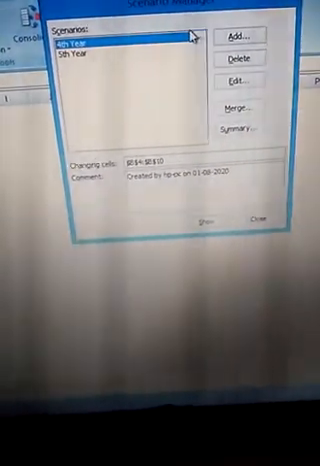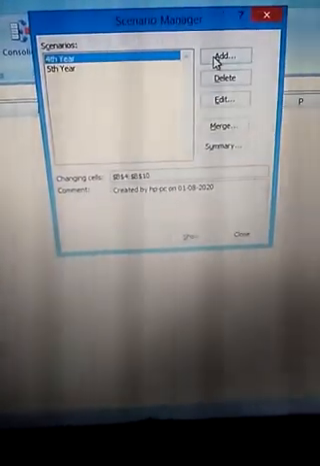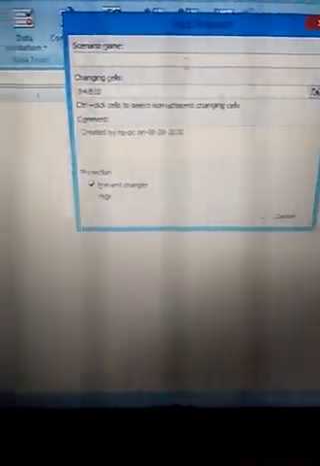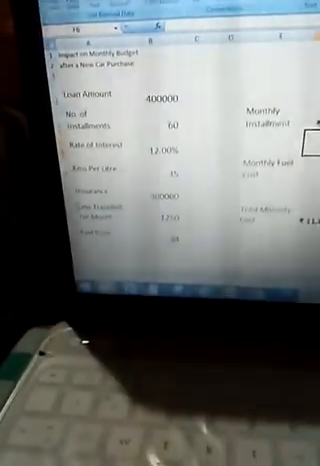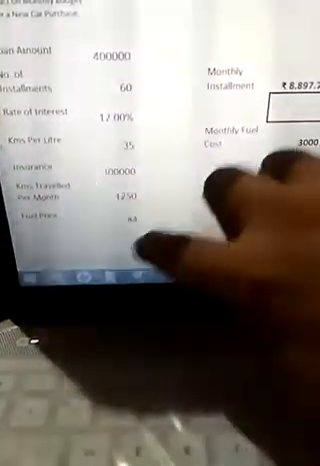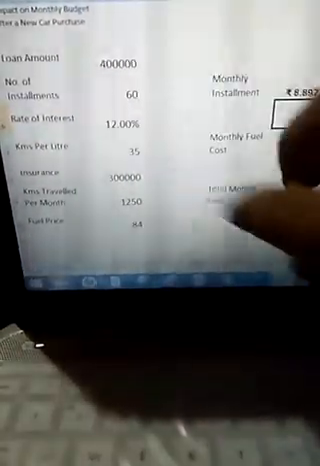Now suppose I am going to add it, changing the cells from B4 to B10. This is B4, the loan amount, and B10 is your last point, that is the fuel price. So we want to change these values, and the values will be reflected in these formulas. Okay, that is the scenario.